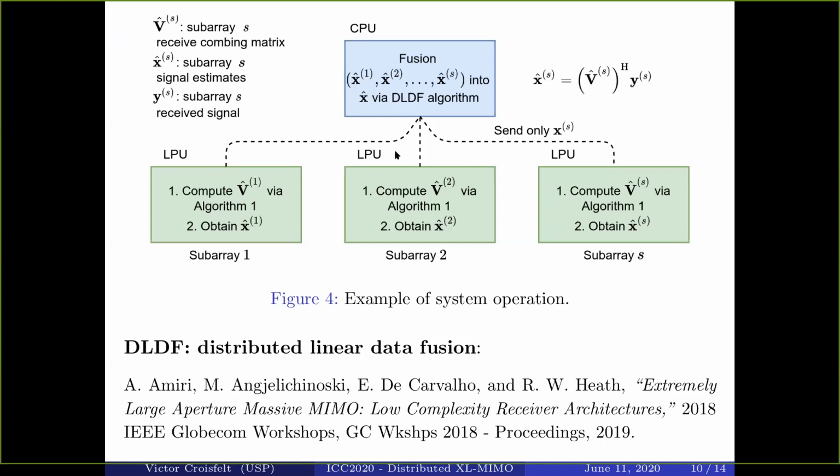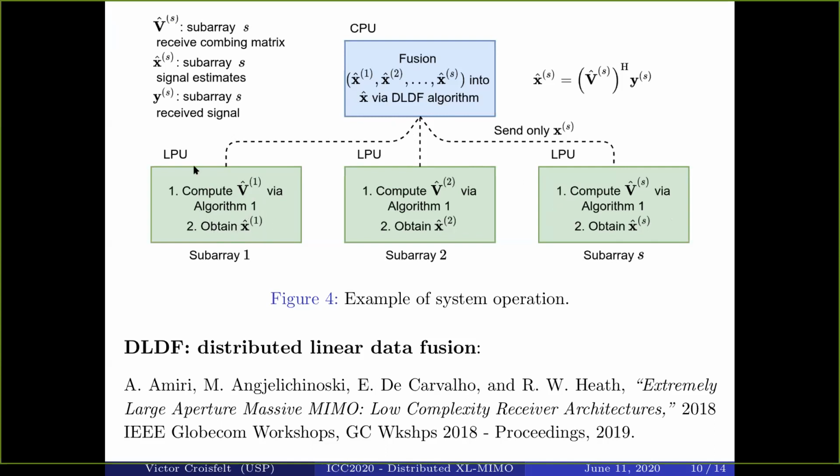This is a diagram that represents the operation of our XL-MIMO network. Observe that each subarray estimates the RZF receive combining matrix via the algorithm, and then it computes the estimated received signal.